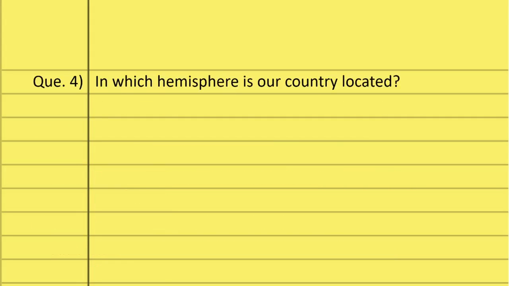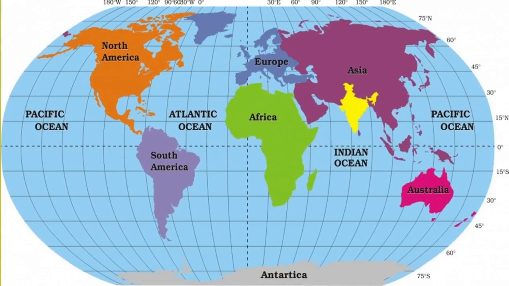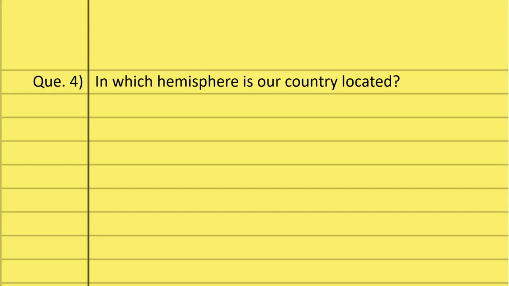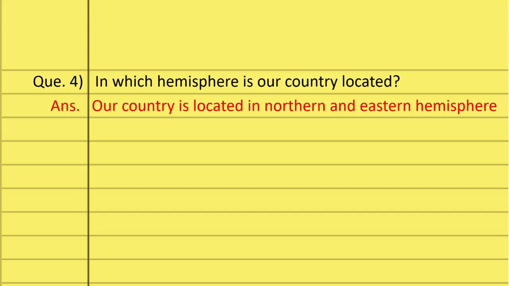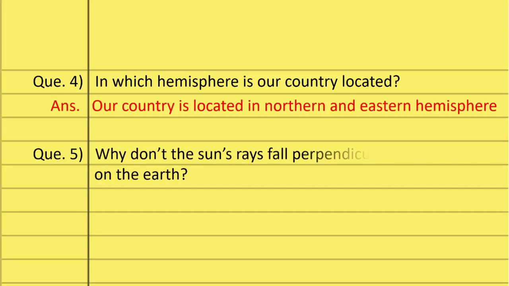In which hemisphere is our country located? To understand this, we need a world map. Here you can see India is shown in a circle. With the help of this map, we can clearly say that our country, India, is located in northern and eastern hemisphere, that is northeastern hemisphere. Next, last question.